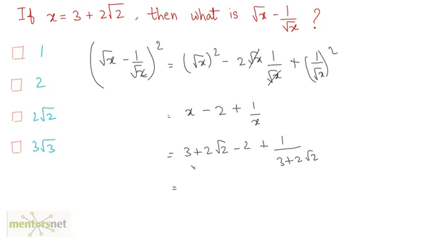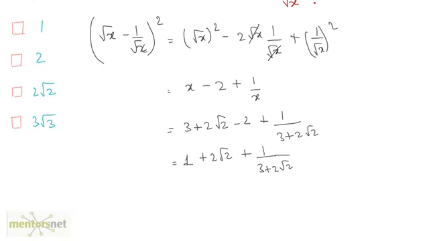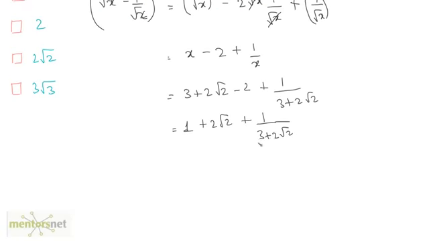So this is equal to 3 minus 2 is 1. So I have 1 plus 2 root 2 plus 1 by 3 plus 2 root 2. So let us get rid of the denominator 3 plus 2 root 2. So with reference to this term 1 by 3 plus 2 root 2, I can multiply both the numerator and the denominator by 3 minus 2 root 2.